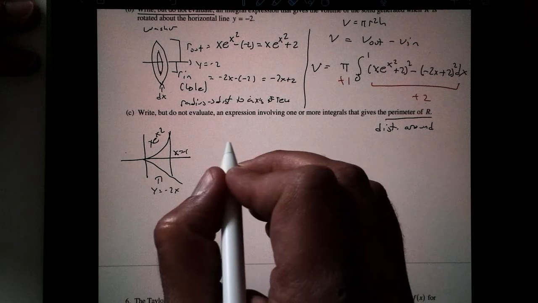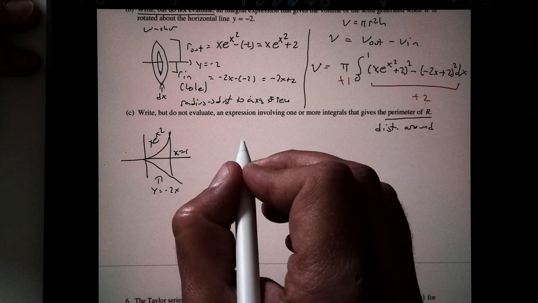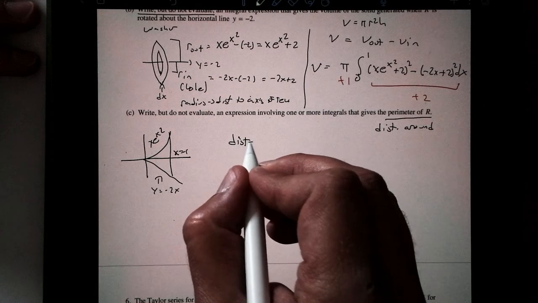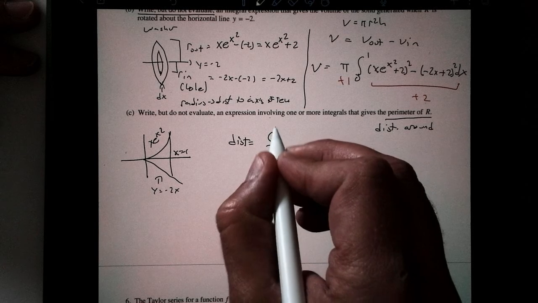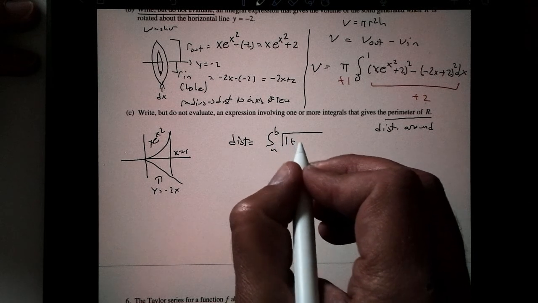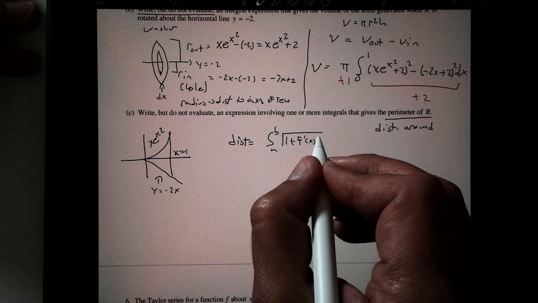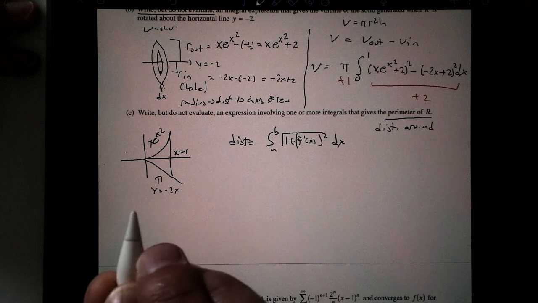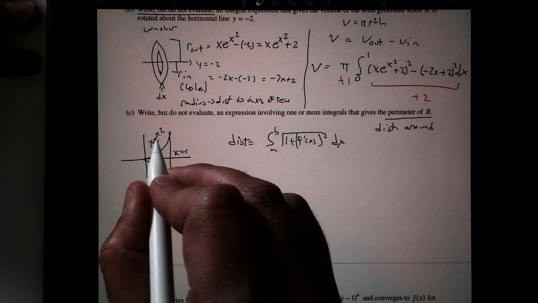Now, for the function, remember the distance formula? For a non-linear function, the distance is the integral from a to b of the square root of 1 plus f prime of x squared dx. So they want you to use that formula right there. So I know I'm going to need the derivative.